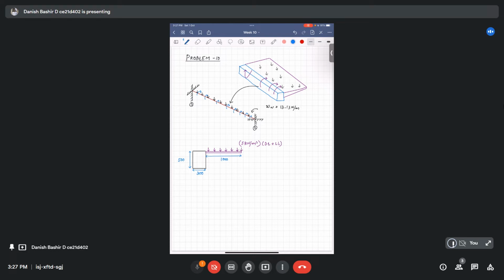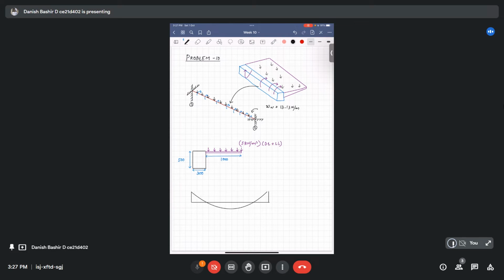Since the beam is fixed at both ends, I will draw the bending moment diagram. The bending moment diagram for the fixed-end beam will be like this. It will have some hogging fixed end moment like this, and there will be a sagging moment like this.